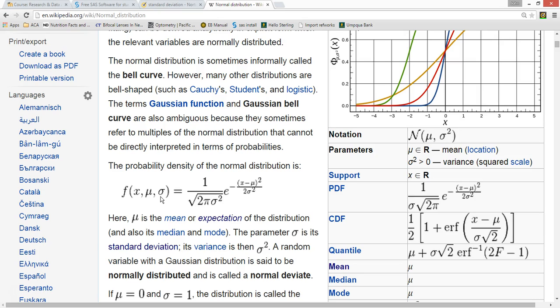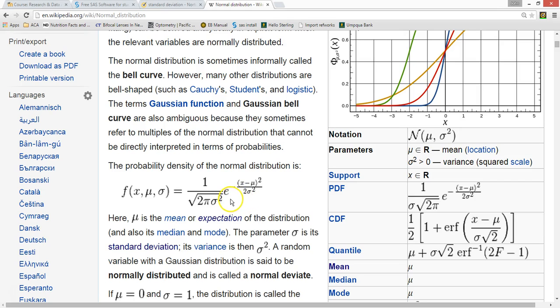We actually can't use the normal distribution in most of our statistics because it requires knowing the actual mu, mean, and the actual sigma, the population standard deviation. These are unknown. God knows them, we do not. So we estimate these and we use other distributions such as the t-distribution, which is related to the normal distribution, and we'll look at that a little bit later.